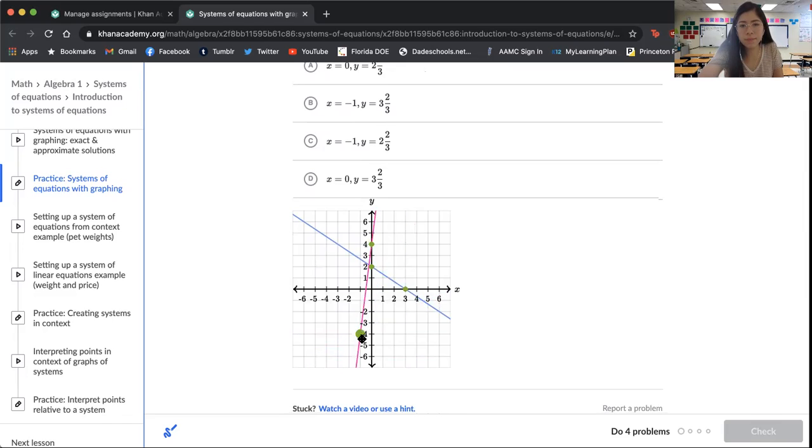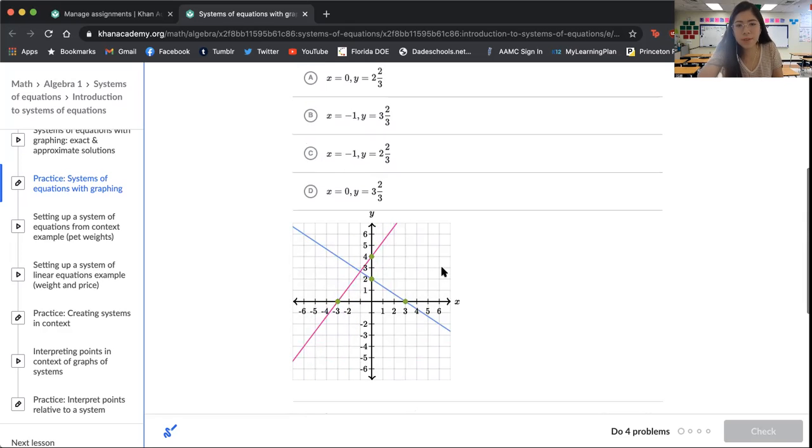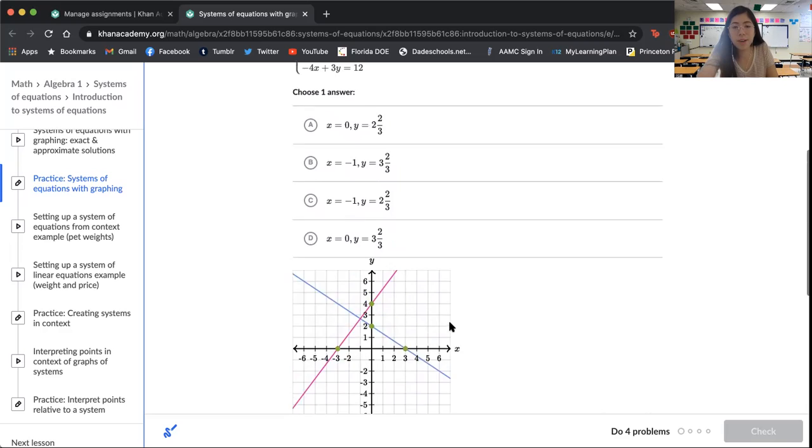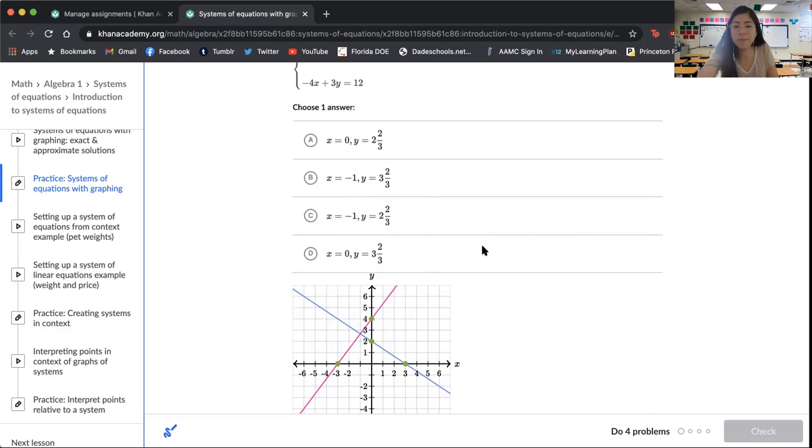Ms. Lopez, question. Yeah. What is wrong with the answers? I'm seeing, I don't know, there's 0, y. I don't understand. So, okay, instead of giving you a coordinate point, they're breaking it down.